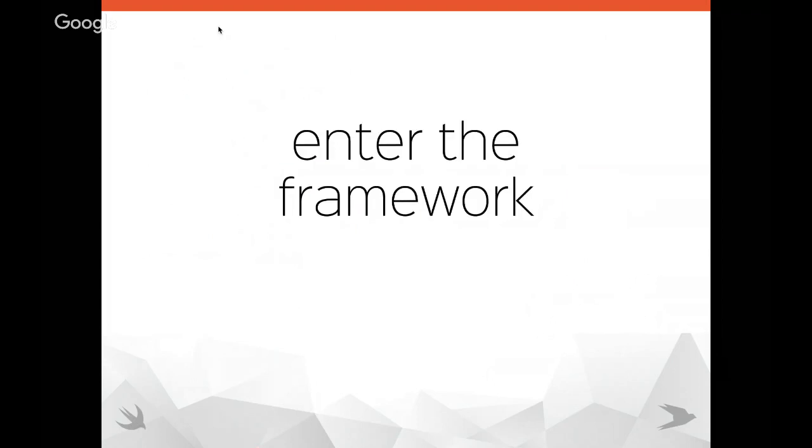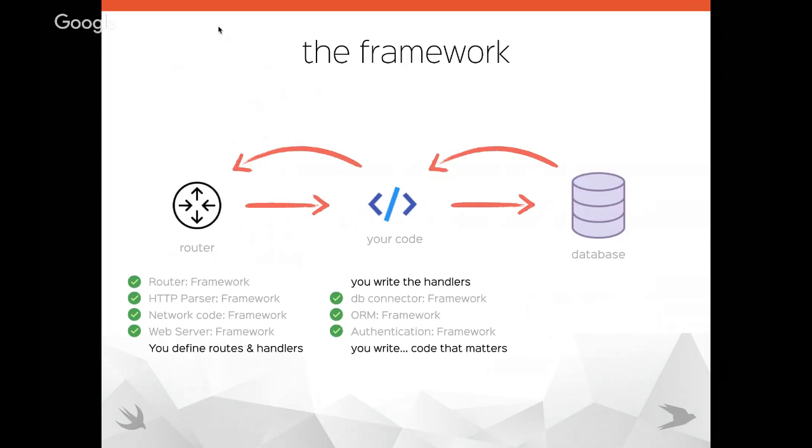But the practicality for the average developer is that you need a framework, a frame of reference, a toolkit, and that's where we come in. So what Perfect has done is say, well, what goes into making up the framework, the toolkit: the router, the parser, the network code, the web server, the database connectors, the ORM, the authentication.